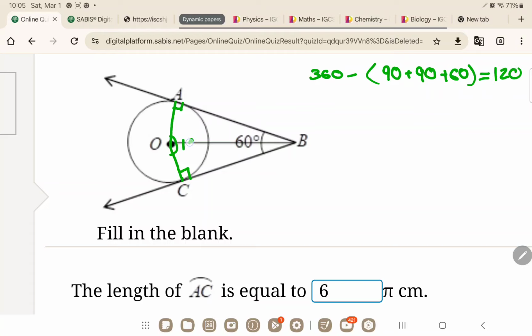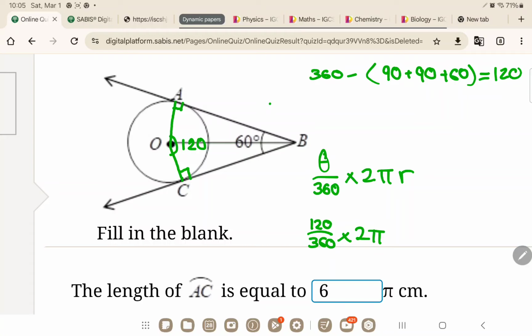So angle O here is 120. Now we know that the length of the arc is theta over 360 times 2 pi r. So 120 over 360 times 2 pi, and the radius, they gave us the radius.